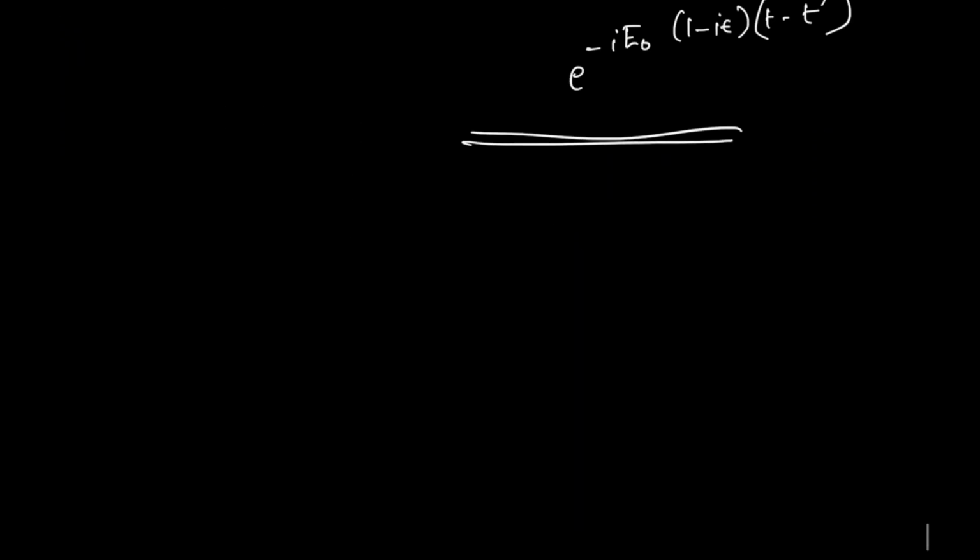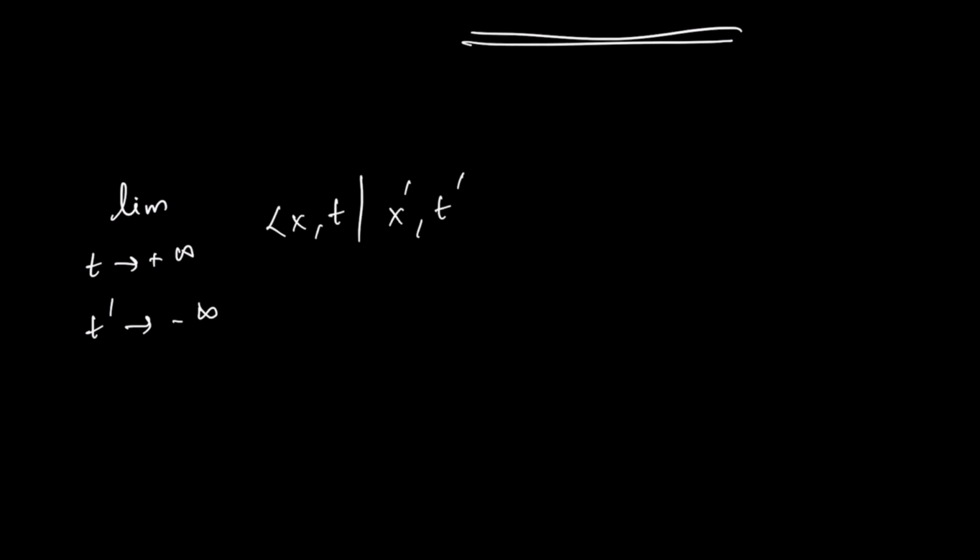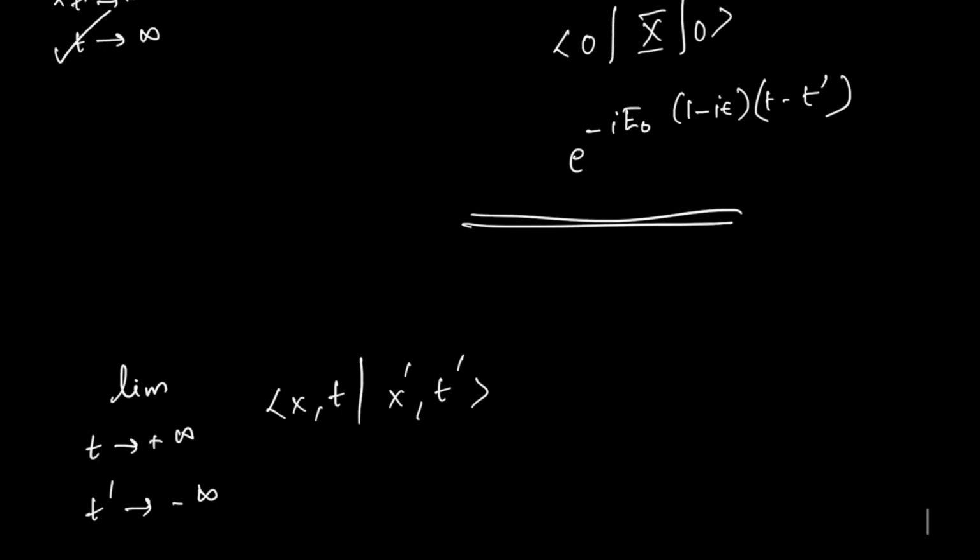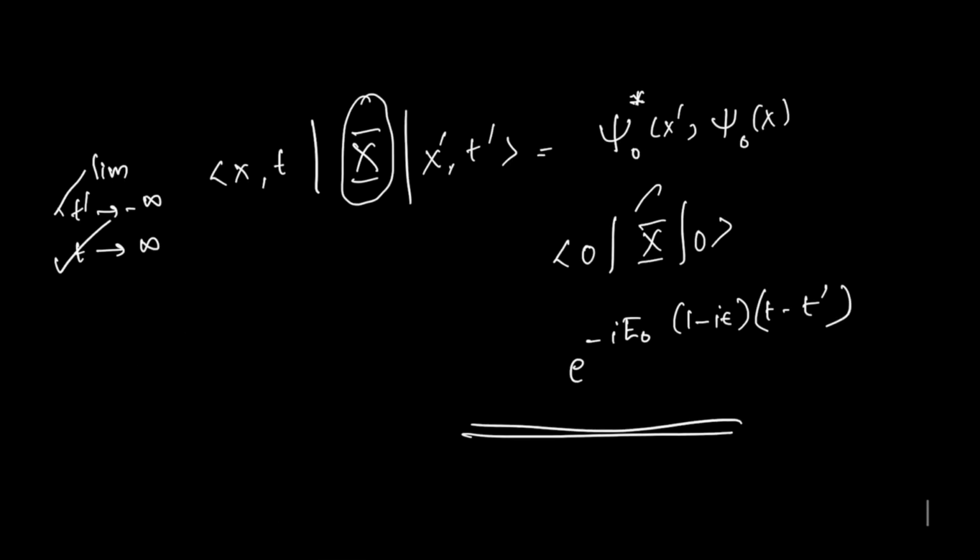Similarly, I can also define the path integral with limit t tending to plus infinity, t prime tending to minus infinity, from (x', t') to (x, t), as, so here I have to remove this one also.